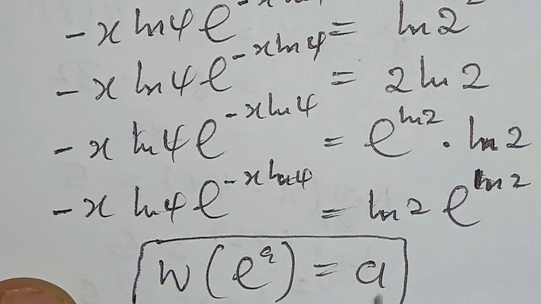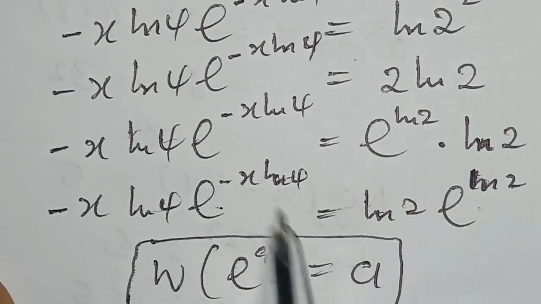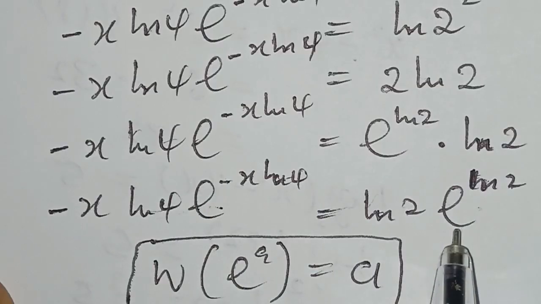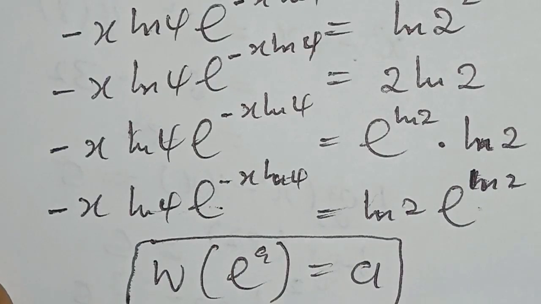So if we apply the Lambert W function to both this side and this side, it means that this side will now be equal to the exponent of e, and this side will equal to the exponent of e.